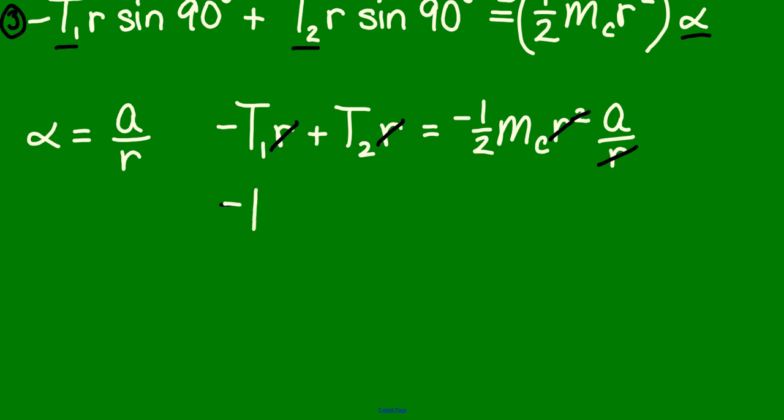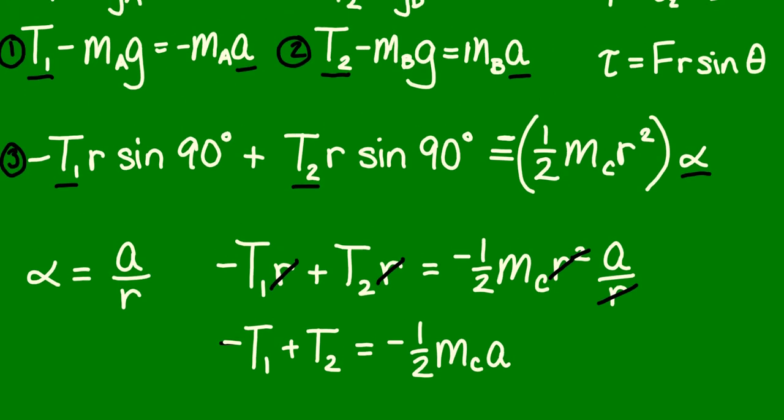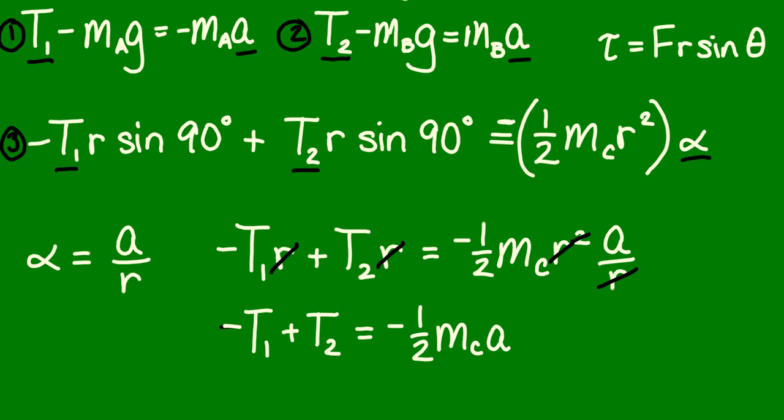I have negative T1 plus T2 equals negative 1/2 MC times A. If I take equation 1 and 2 from above and solve those equations for T1 and T2, I can plug those into my torque equation.